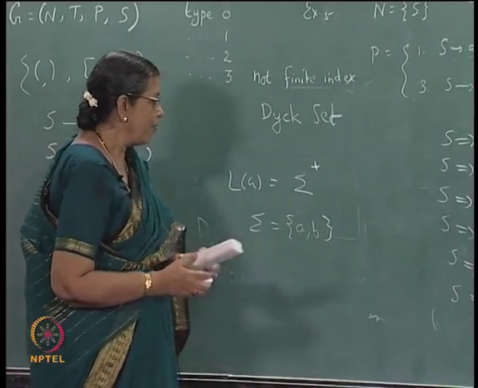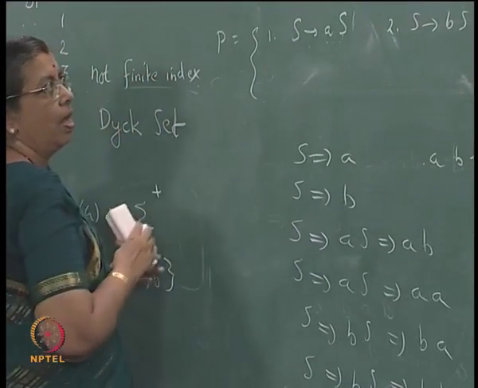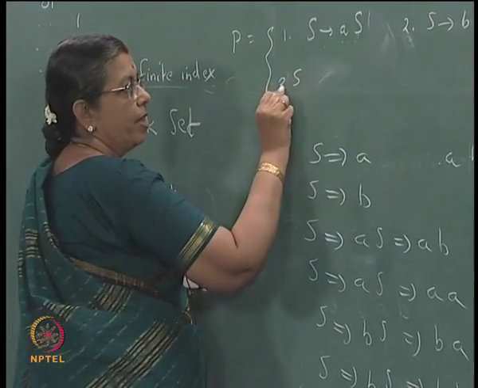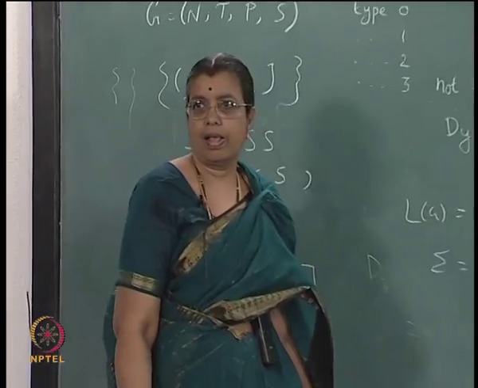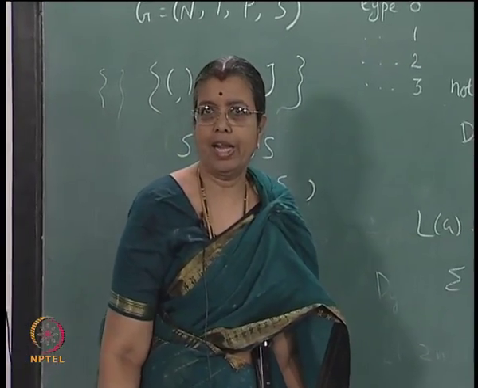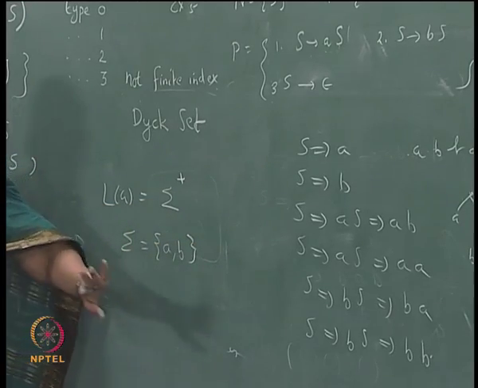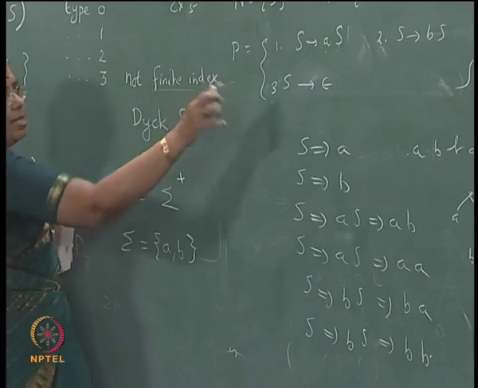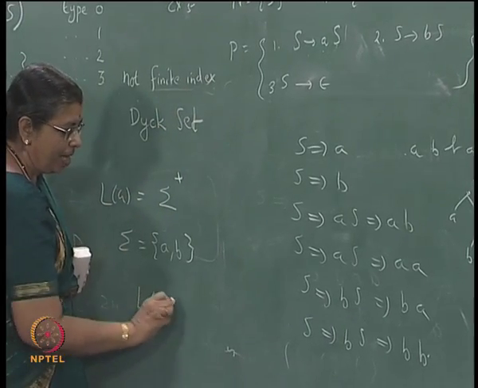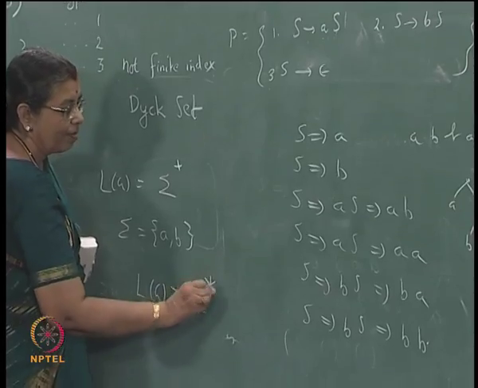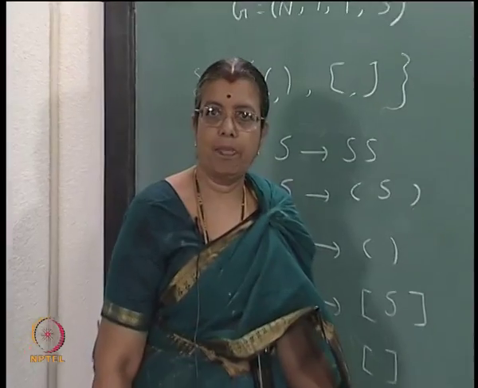Now, instead of these 2 rules, I just have S goes to epsilon, then I can generate epsilon also, I can generate any string of A's and B's. So, if I replace the 2 rules by S goes to epsilon, the language generated will be sigma star, where sigma is {A, B}. Any string of A's and B's can be generated.